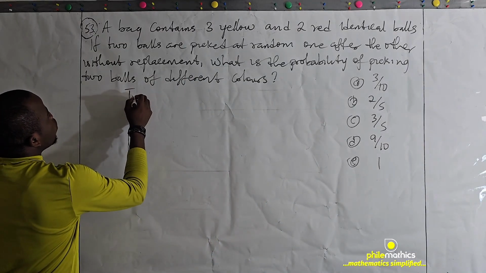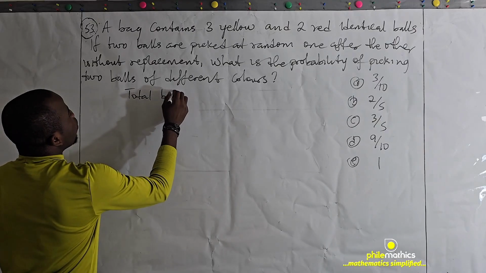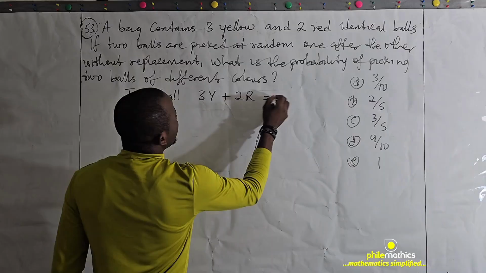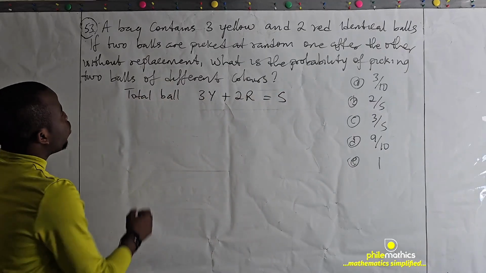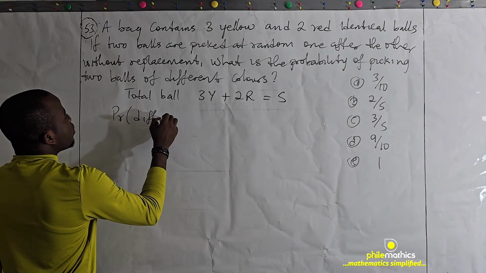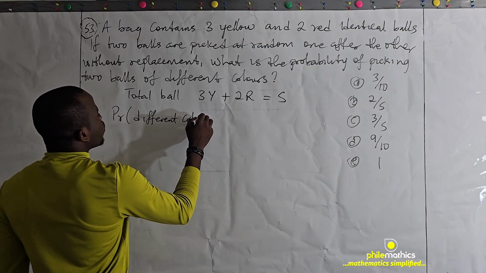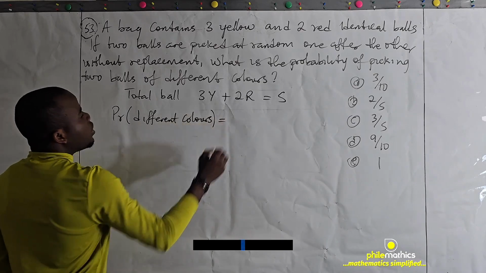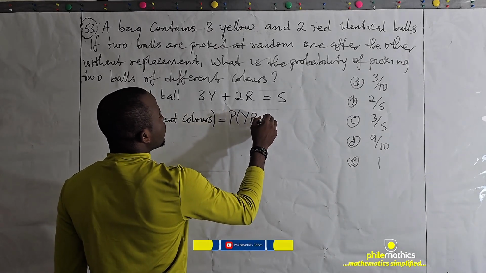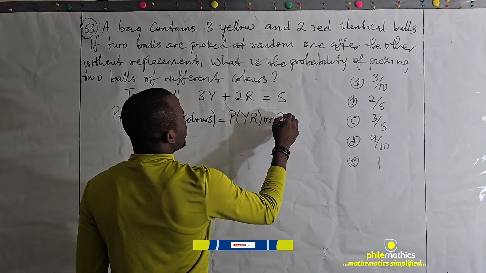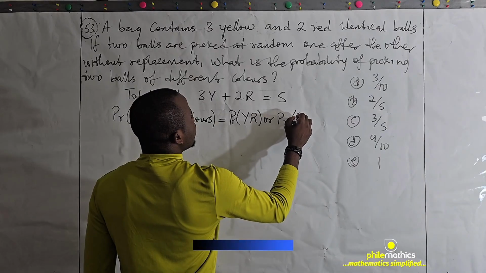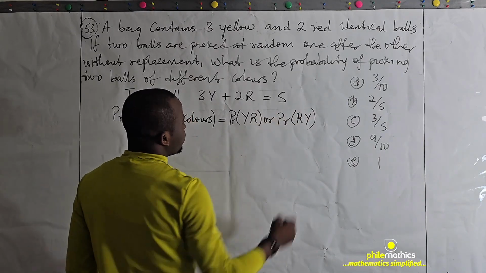First of all, the total number of balls will be 3 yellow plus 2 red equals 5. So the probability of different colors is the probability of yellow, red, or the probability of red, yellow.